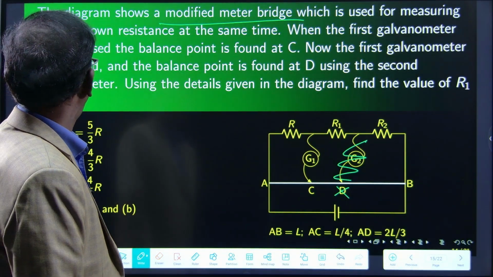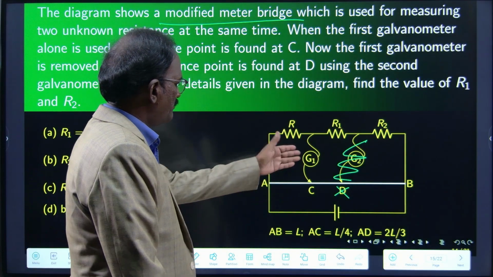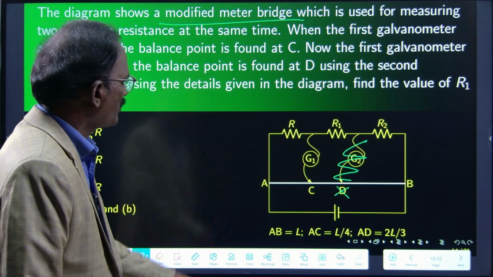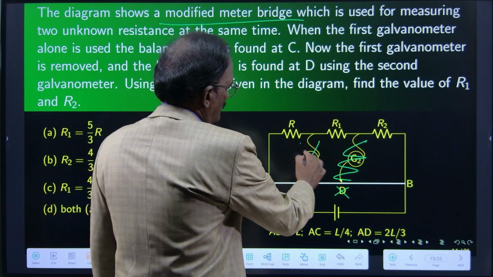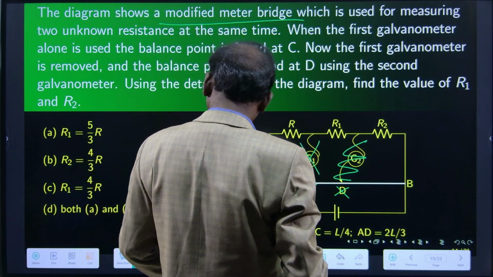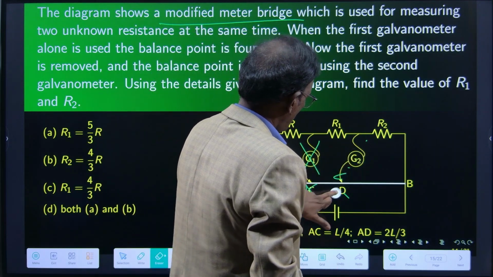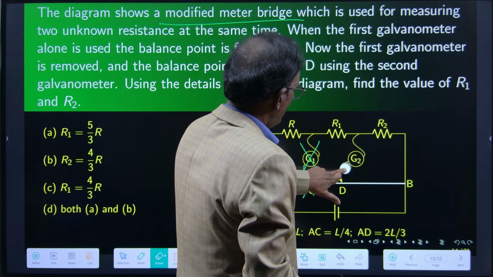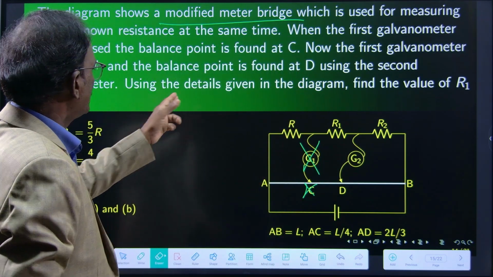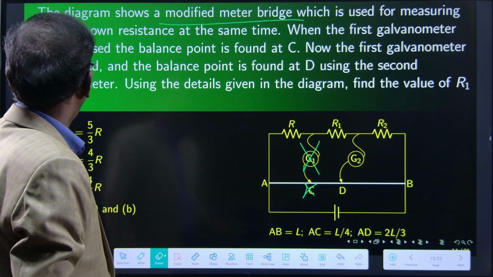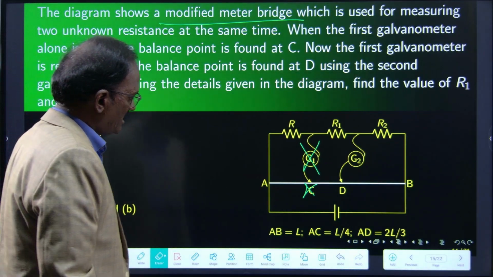Now the first galvanometer is removed, G2 is used, and D is now found as the new balancing point. Using the details given in the diagram, find the value of R1 and R2. What are the details?